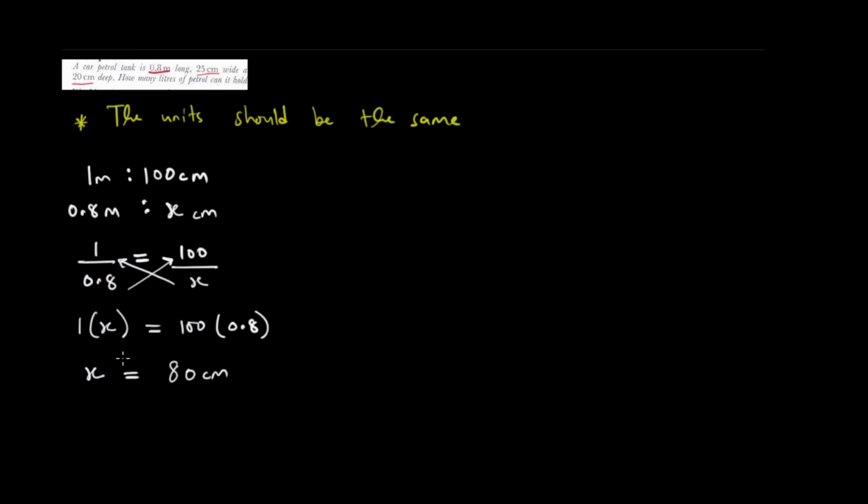We can now proceed because everything is now in centimeters. How many liters of petrol can it hold? The other thing I advise is, since we are told this is a car tank and we are given 3 dimensions, to quickly scribble down a rectangular prism and put the numbers on it to visualize what you are working with.